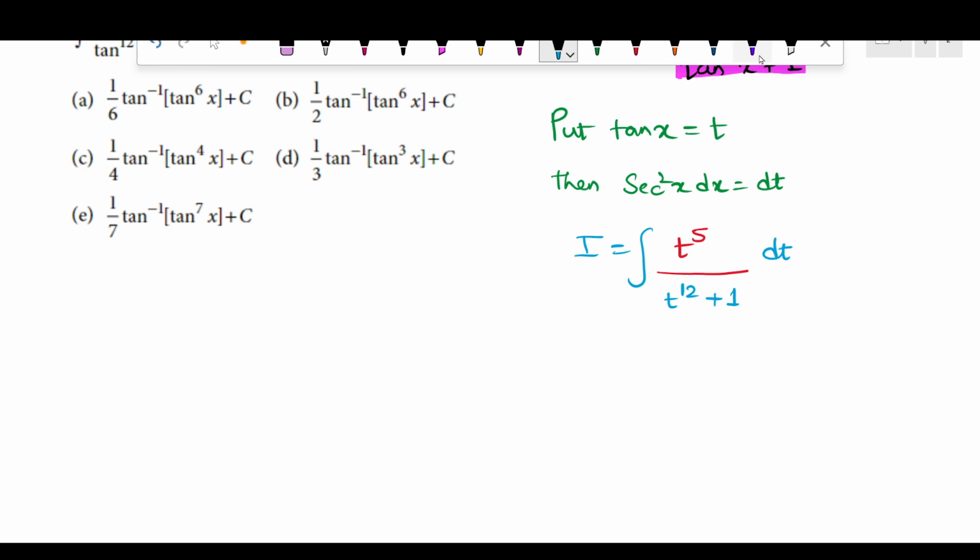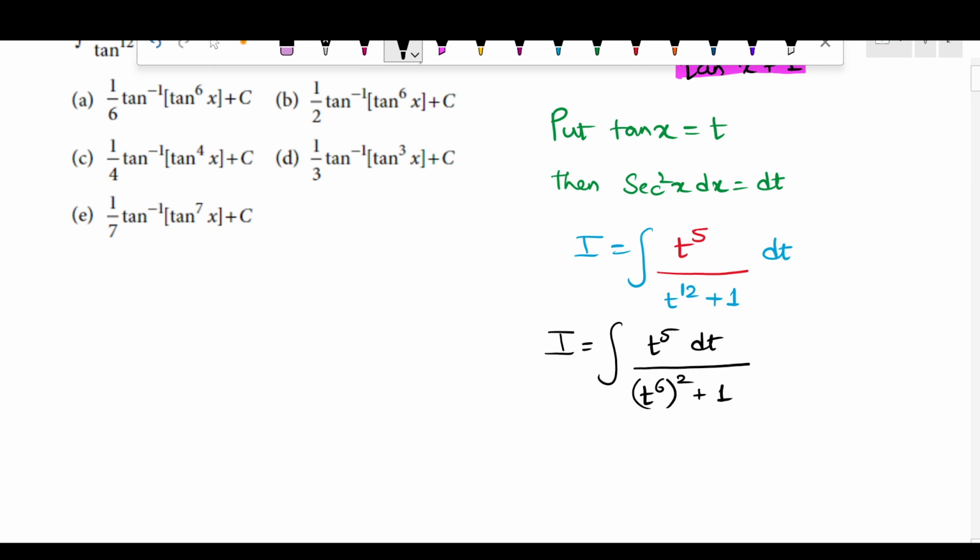Now see, I is equal to t to the power 5 dt upon t to the power 12 plus 1, and t to the power 12 can be written as t to the power 6 whole square plus 1.